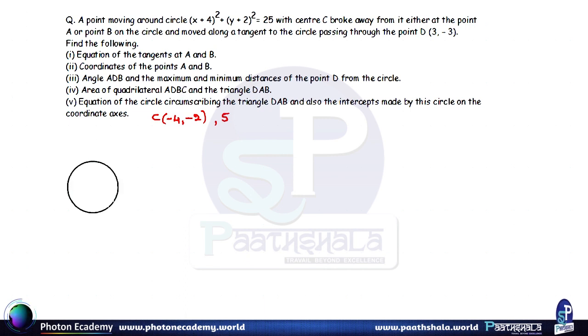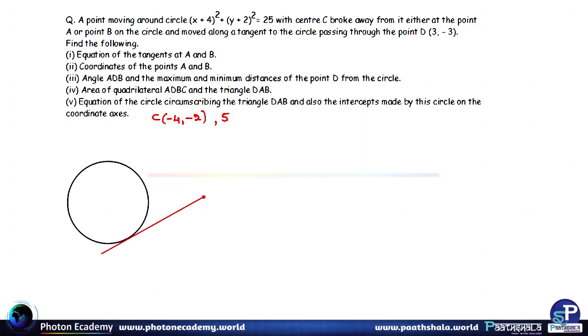Okay, so let's draw the figure. Suppose this is the point (3, -3). This is the first tangent, this is the second tangent, alright. If this is the center of the circle, it will be something like this.